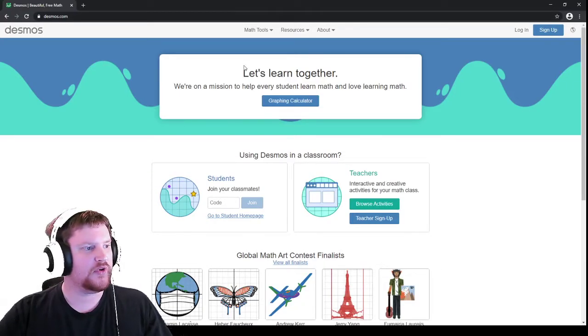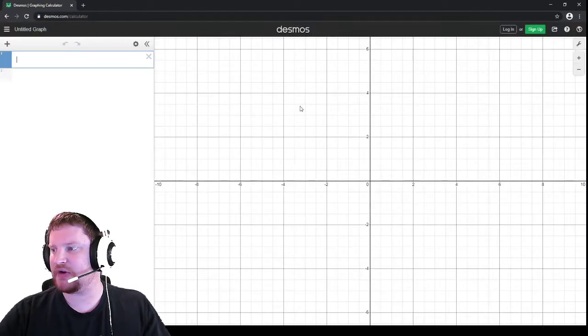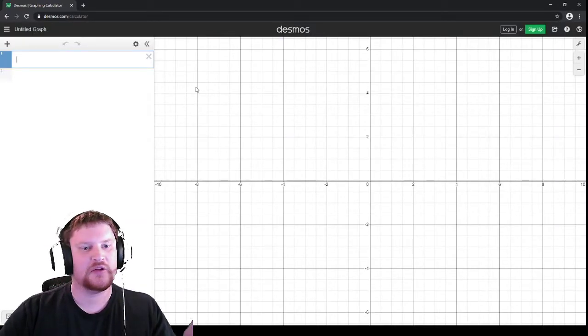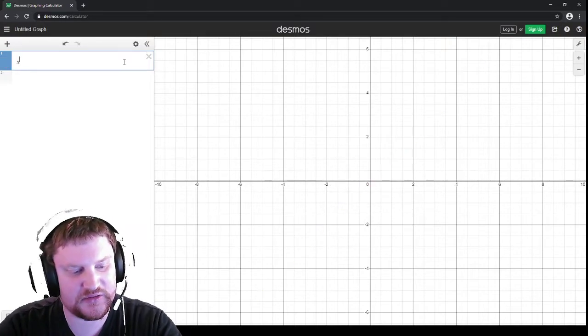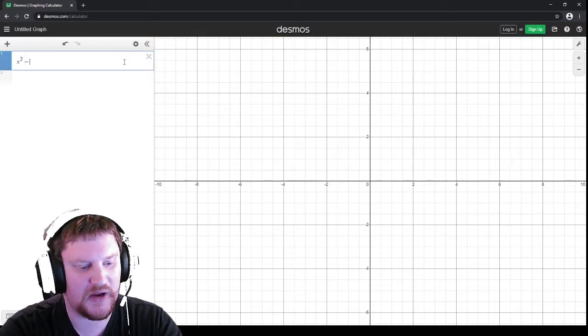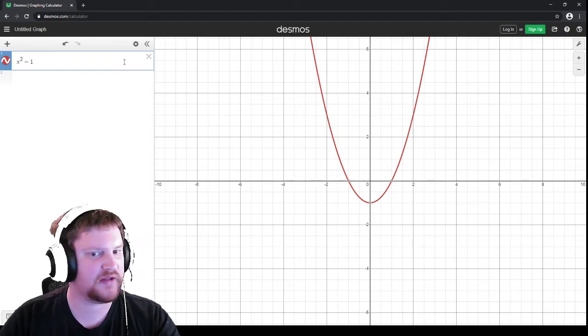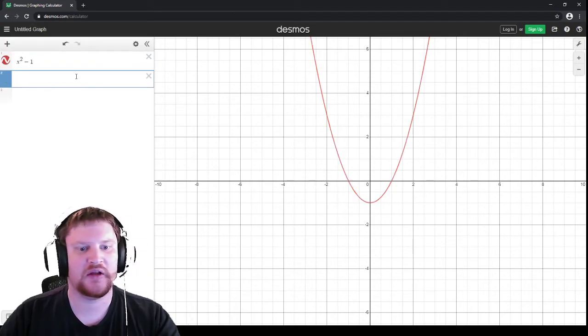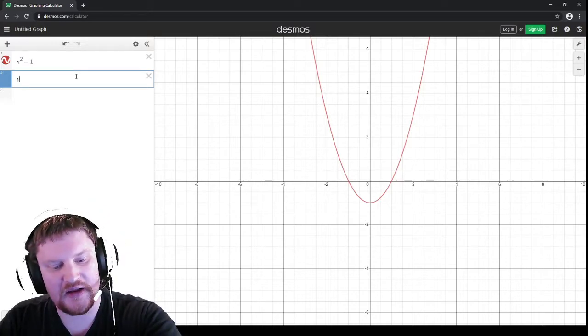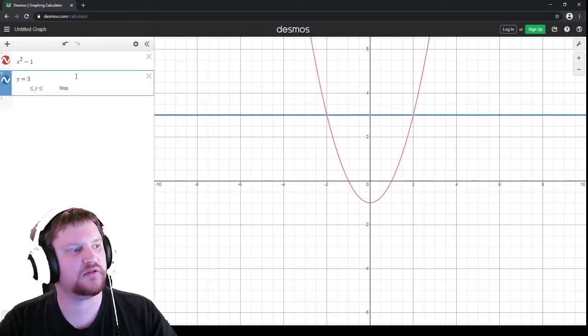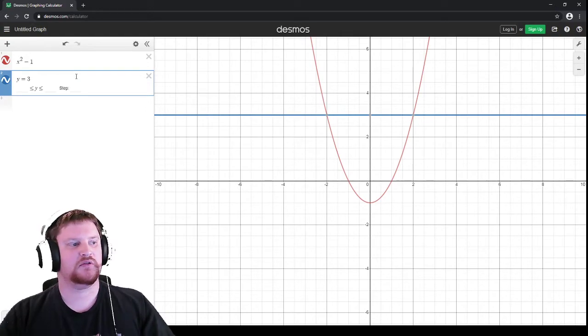So when you're at Desmos, you're going to pop into the graphing calculator. So first graph the left side of the equation. That's x squared minus 1. Okay, that is graphed. Next, graph the right side of the equation. Y equals 3. Also done.